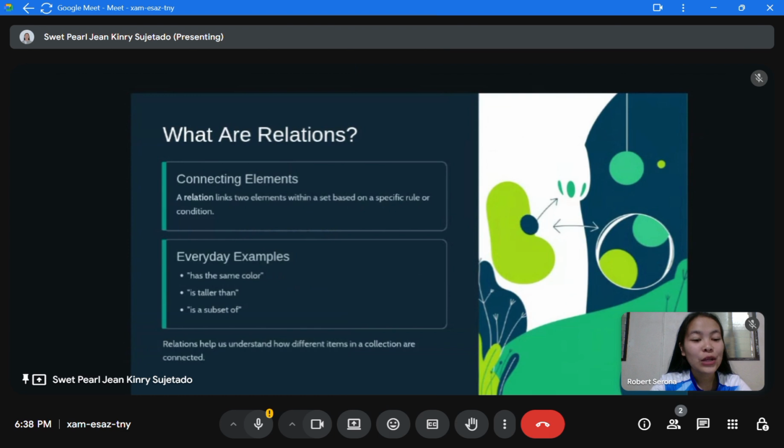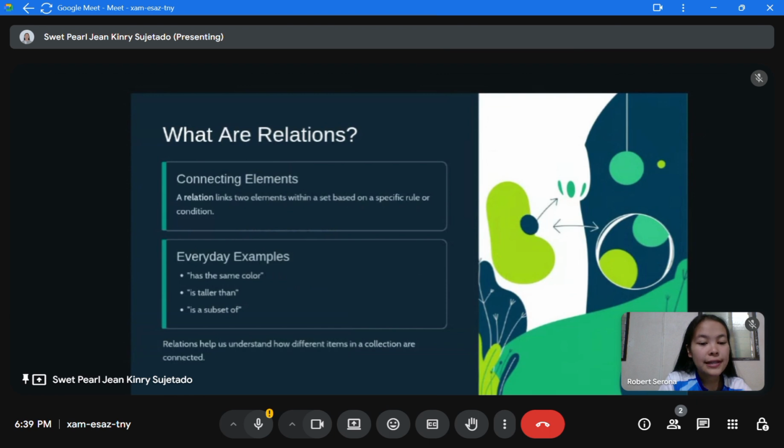So to understand equivalence or partial orders, we first need to know what a relation is. A relation is like saying this is connected to that based on some rule. A relation links two elements within a set based on a specific rule or condition. So, for example, people who like the same hobby, that's the first example. The second example would be numbers that are bigger or smaller.